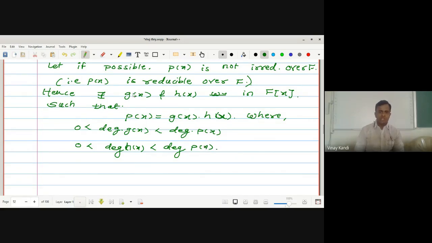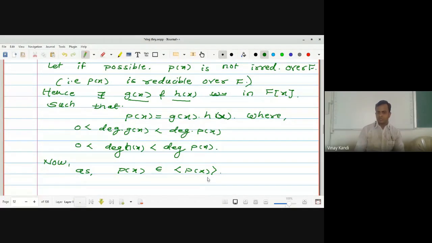What does reducible over F mean? Both elements come from capital F of X. Now look at it. As P of X belongs to the ideal generated by P of X, what is the ideal generated by P of X? Every element of this ideal is in the form of a product of two elements.